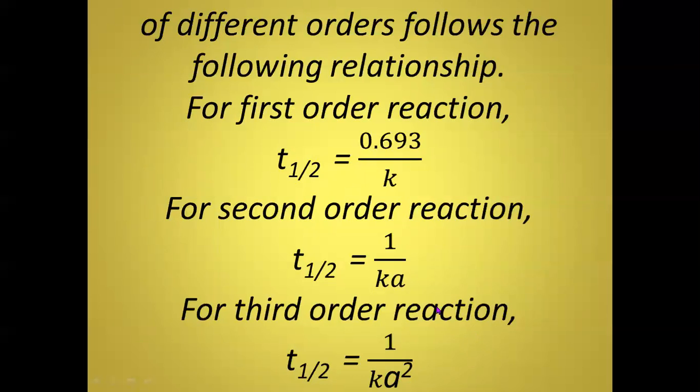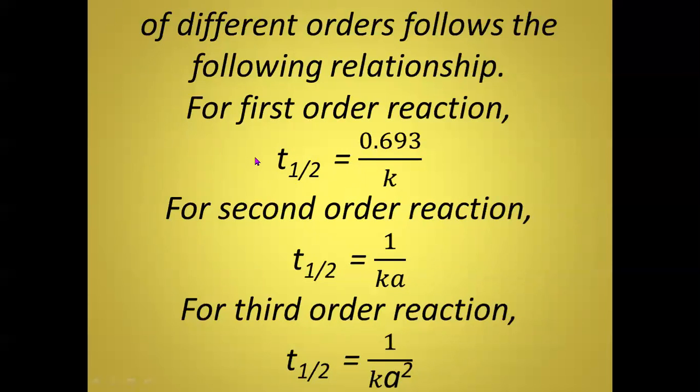So we can calculate the value of K, and we know the initial concentration. Then we can find the half-life period for that particular order. Then if it follows like that, we can say that the particular reaction follows that type of order.